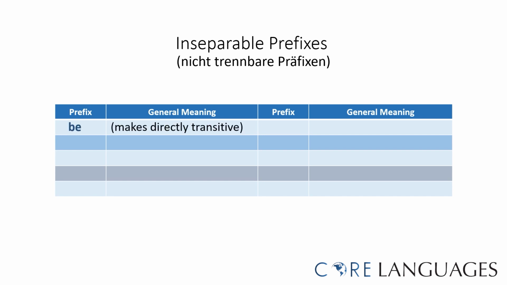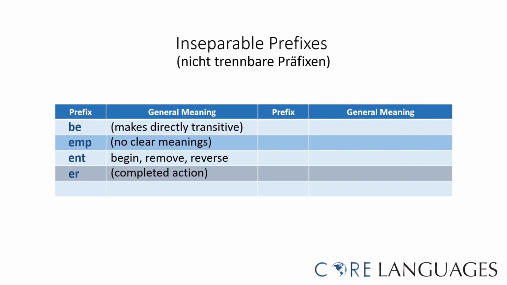Be doesn't really have a direct translation, but we know that it makes verbs directly transitive, or it makes them require a direct object. The prefix emp doesn't have a clear meaning or translation. Ent, on the other hand, is used to express begin, remove, or reverse.